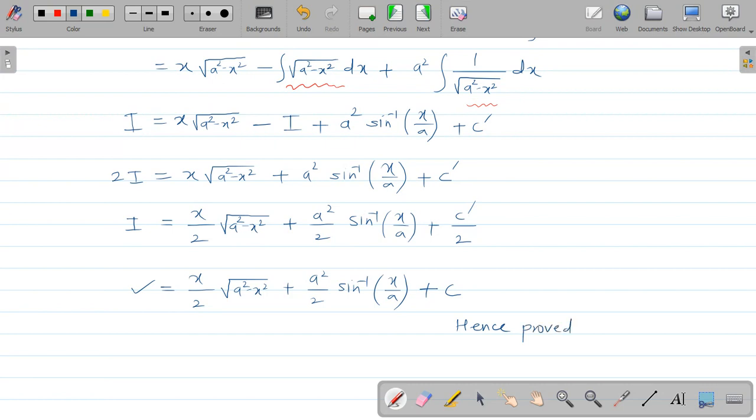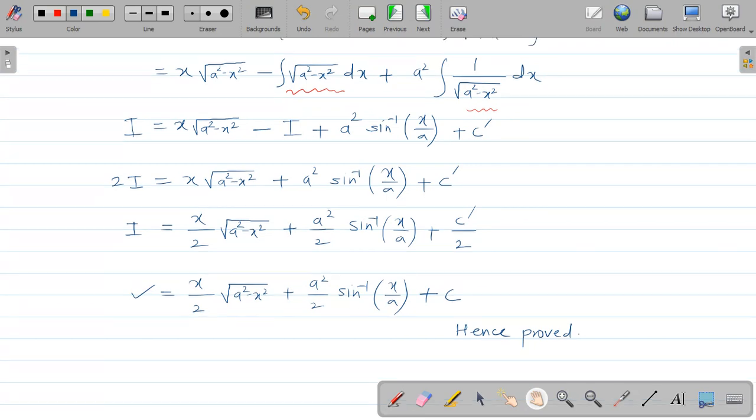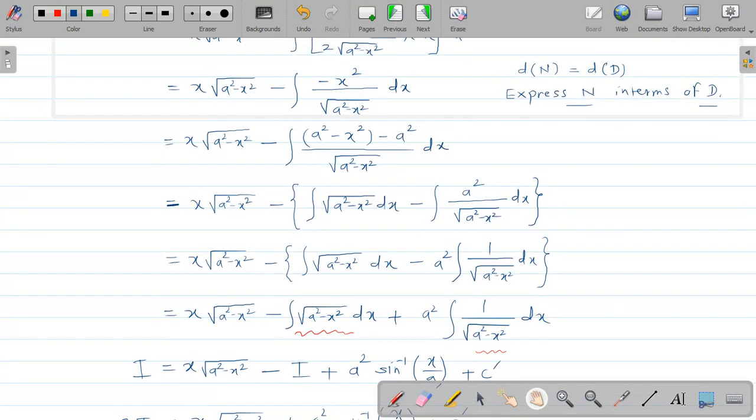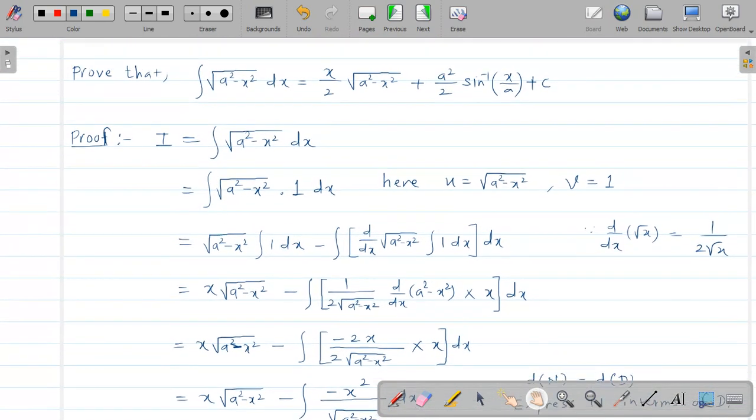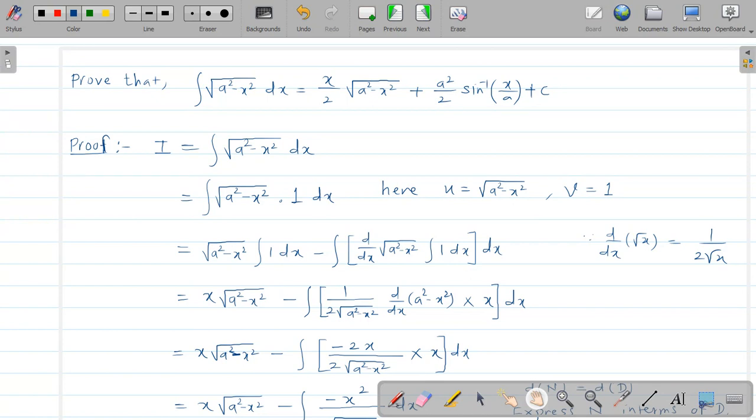So what is the main part here? When the another function is not given to you, then you have to consider the one as another function. So see here the procedure. If you consider the one as another function, you can prove this result also. Okay, so this is a very important result.